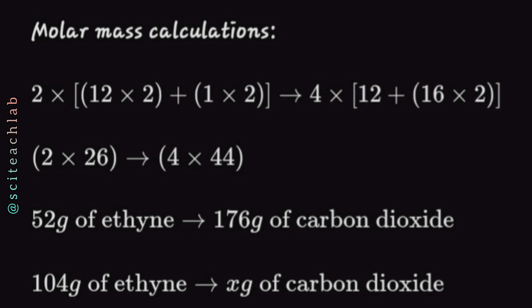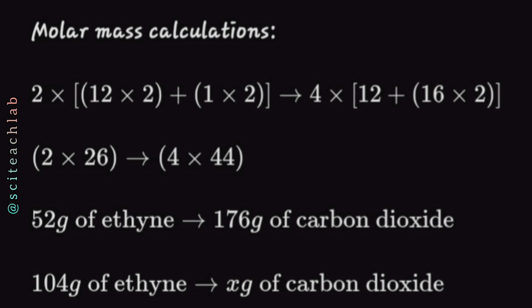So comparing the masses now, we have that 52 grams of ethane yields 176 grams of carbon dioxide. So we ask ourselves, if 52 grams of ethane yields 176 grams of carbon dioxide, then what will 104 grams of ethane, as given in the equation, yield?